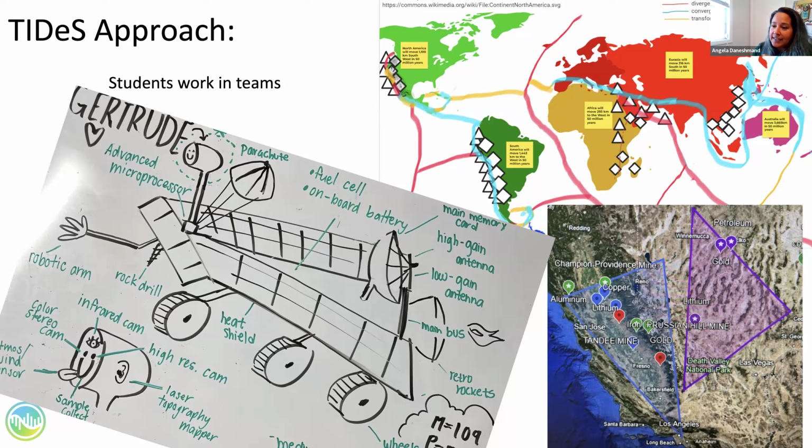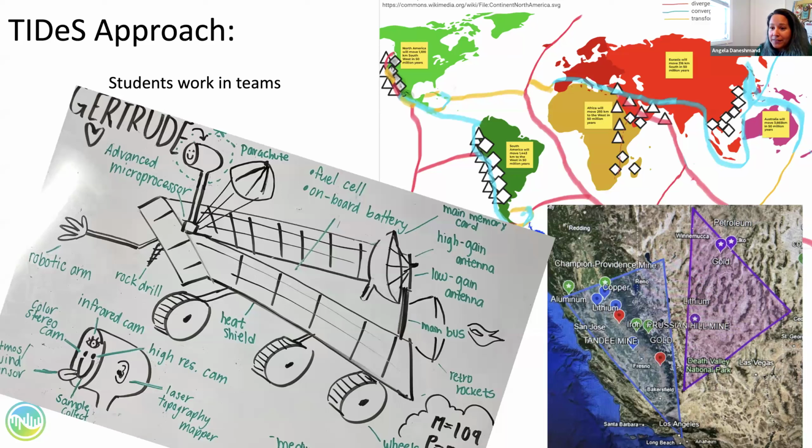They complete tasks, create new societies with a particular set of constraints. So they have to figure out, what resources will they need? Where are those resources? And how will we obtain resources that are outside of our societal borders? And then they also explore a new planet. So they have to figure out, what do we want to know about this planet?